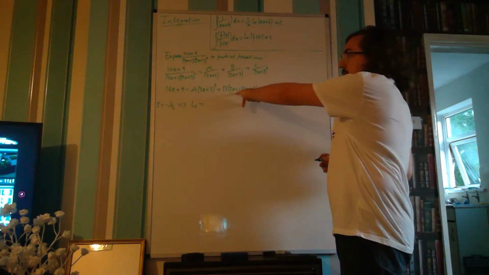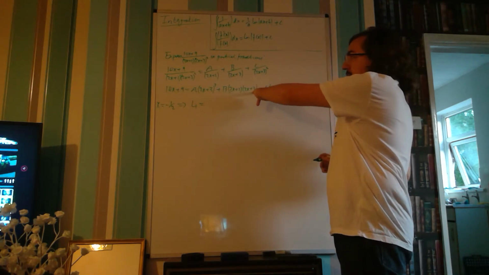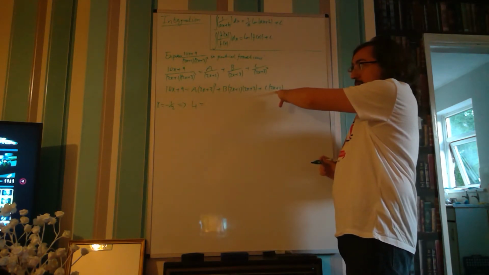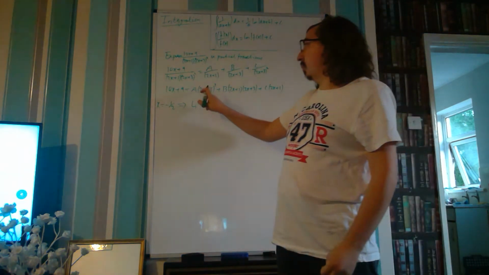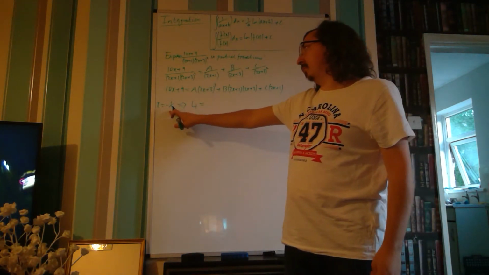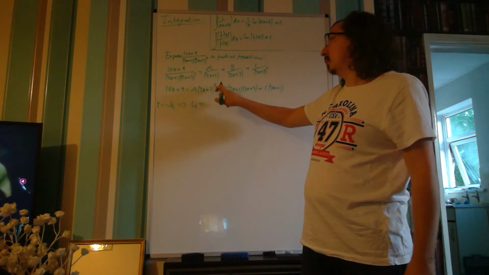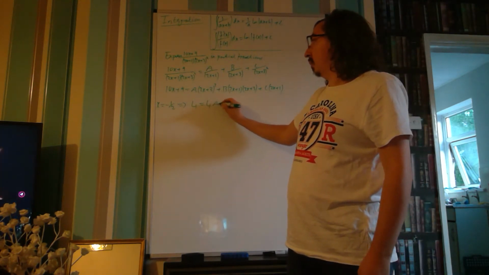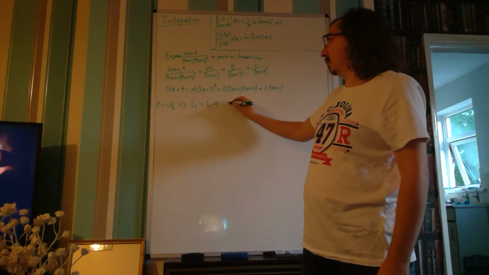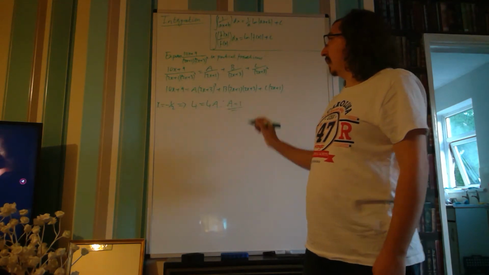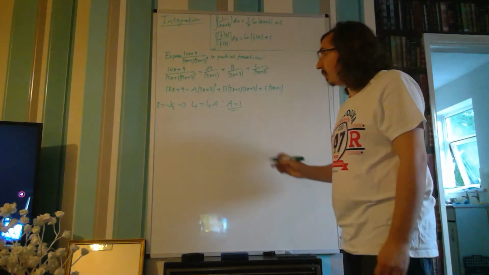Now, the 2x + 1 term here goes to 0, so that term goes to 0, and this term goes to 0 as well. You have 2 times minus a half, which is minus 1, plus 3, which is 2. 2 squared is 4, so you've got 4A is equal to 4, and therefore A is equal to 1.